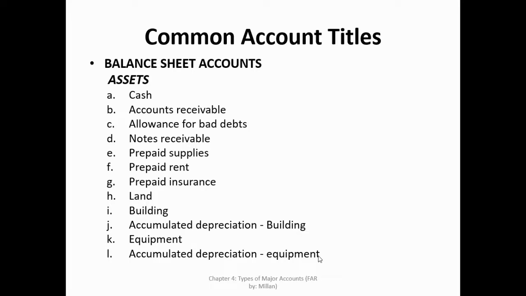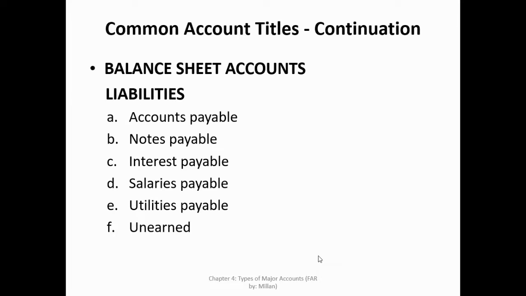And accumulated depreciation equipment. This is the total amount of depreciation expenses recognized since the equipment was acquired and made available for use. So collectively, land, building, and equipment are referred to as property, plant, and equipment, capital assets, or fixed assets. Next is the liabilities.